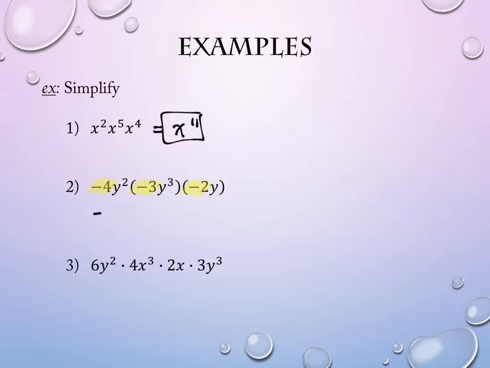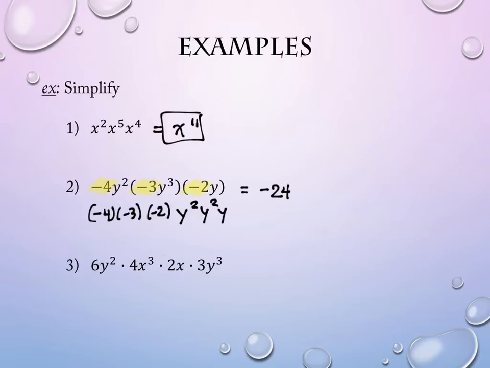If it helps you to rewrite that, you can rewrite that, -4 times -3 times -2, and then rewrite the y's: y squared, y cubed, y. You don't have to write that step, but sometimes it helps people, so I'll mention it. Regardless, what is -4 times -3 times -2? Yeah, 3 negatives make a negative, so it's negative, and then that value is 24.